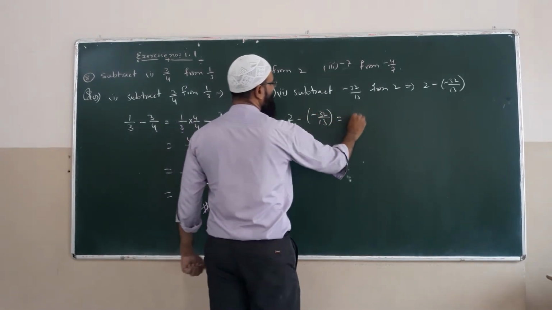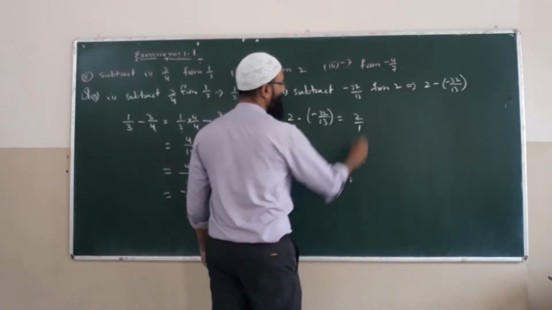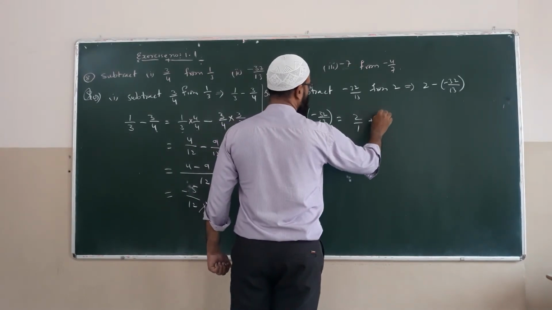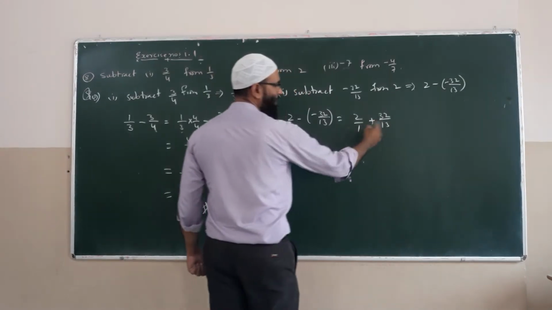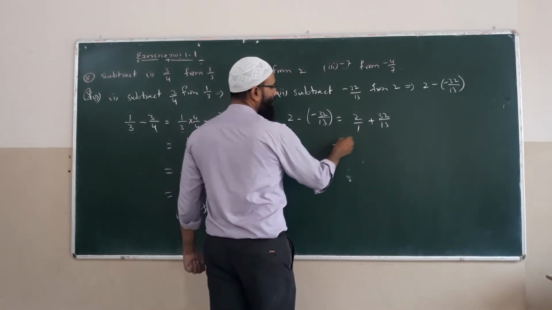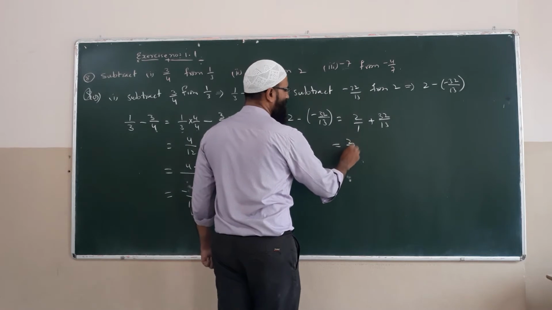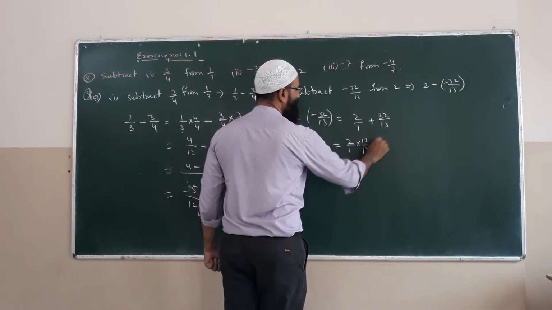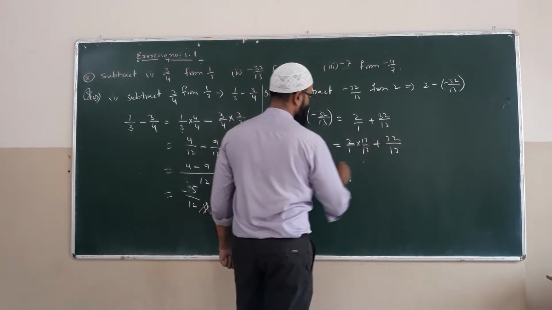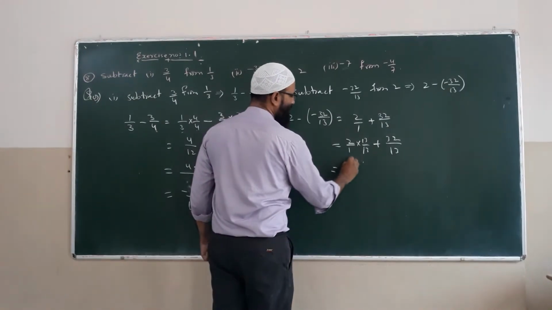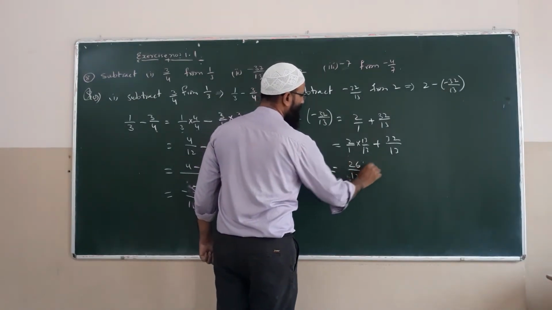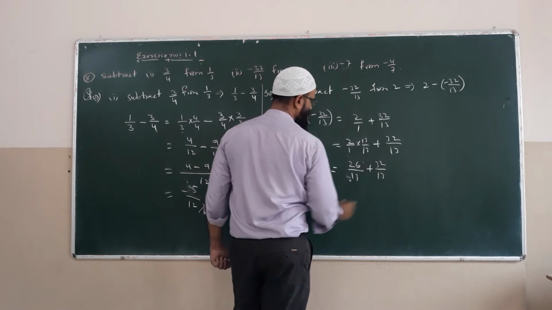Minus into minus is plus. This is 2 by 1 plus 32 by 13. Make the denominator as 13. In the 1 table 13 will come, 13 ones are 13, so multiply by 13 here. Now 2 thirteens are 26 by 13 plus 32 by 13.